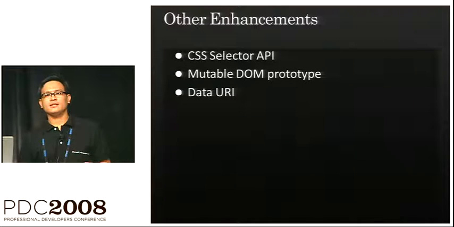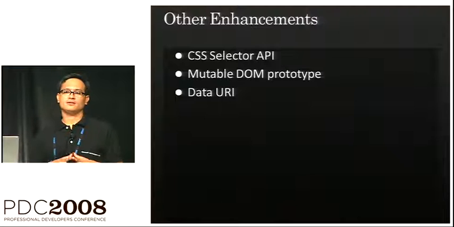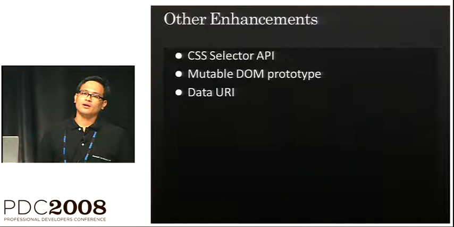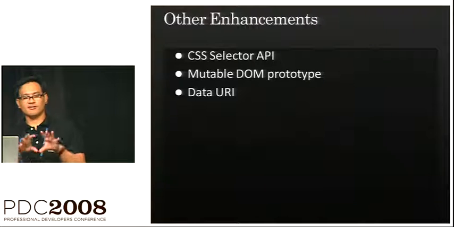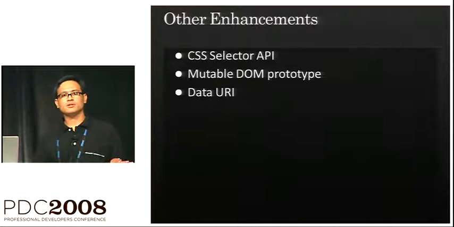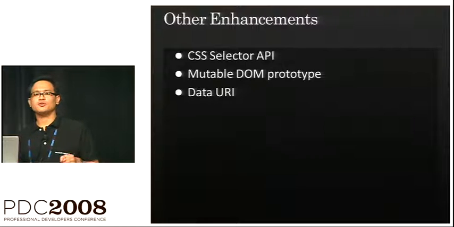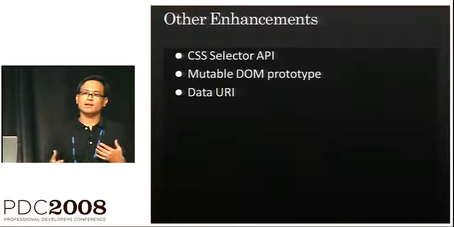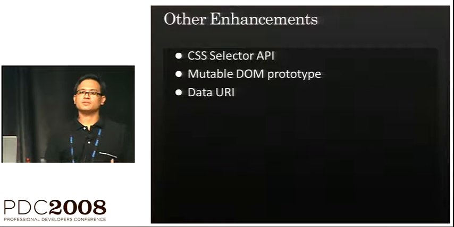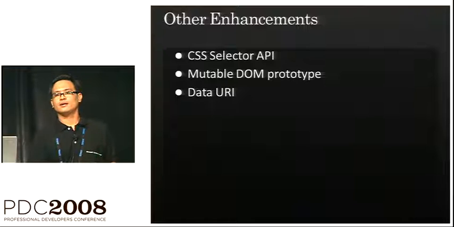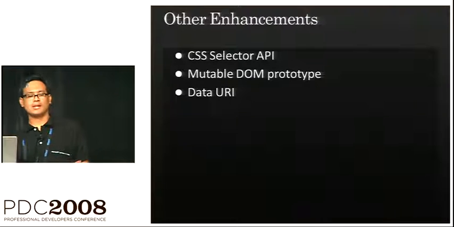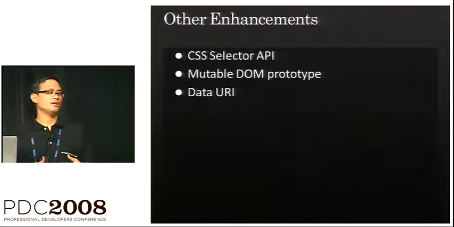So, just to summarize the talk, what we saw in the first part of the talk was that there are different subsystems in the browser, and the way you write your web application can impact the time spent in each of the subsystems. So if you're writing an application in such a way that too much time is being spent in the layout and the rendering part, you should probably redesign your application.